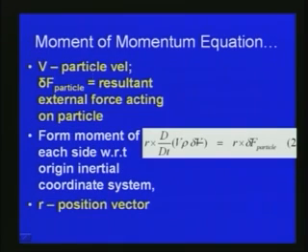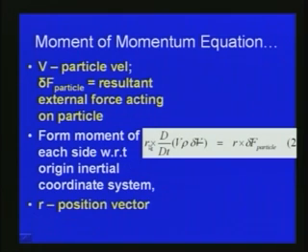Here v is the particle velocity and del f is the resultant external force acting on that particle. Now we will form the moment of each side with respect to the origin, that is, with respect to the inertial coordinate system.